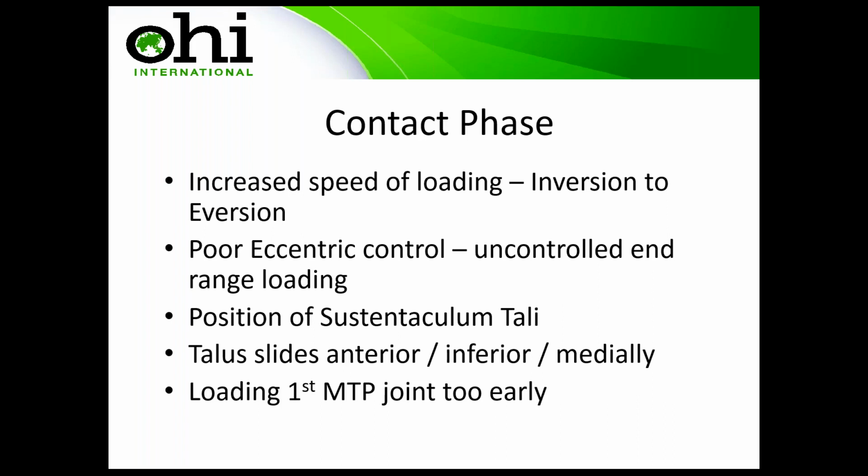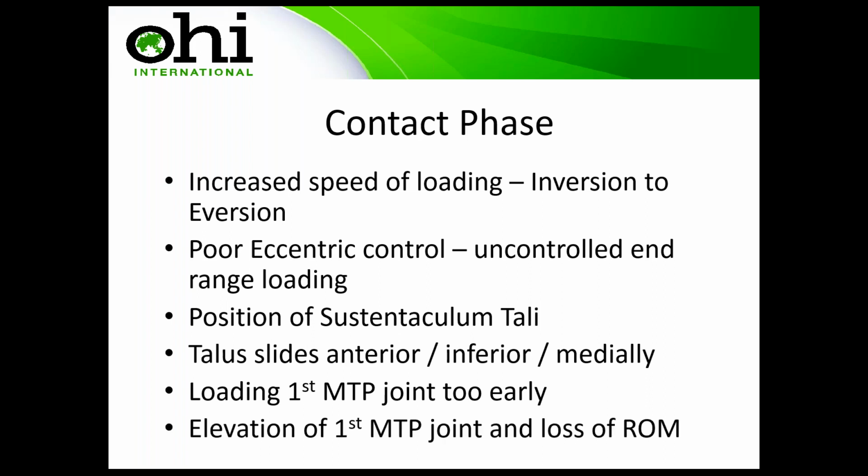And that causes the first MTP joint to load early. When the first MTP joint loads early, it elevates and it doesn't bend anymore. Because the key to the first MTP joint working is for it to be plantar flexed and for the base to be elevated. It has to be plantar flexed to allow the hallux to climb up on top of the joint.